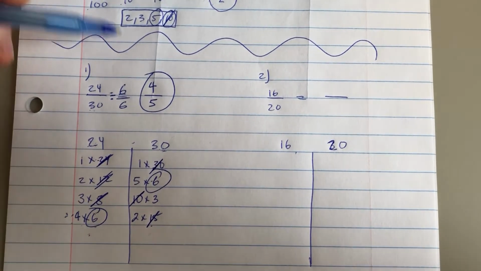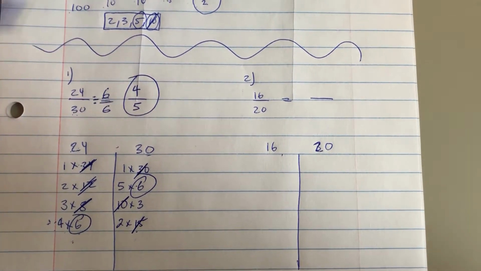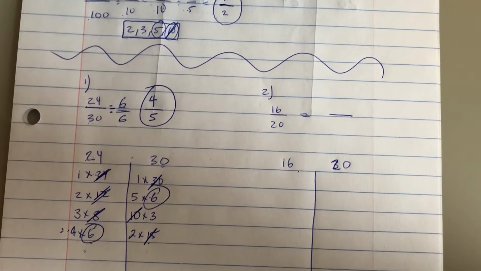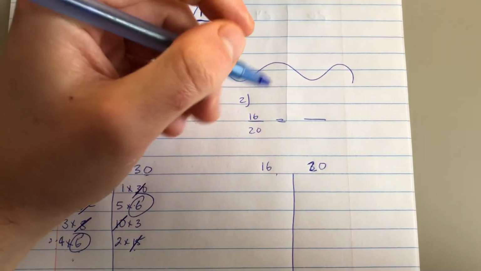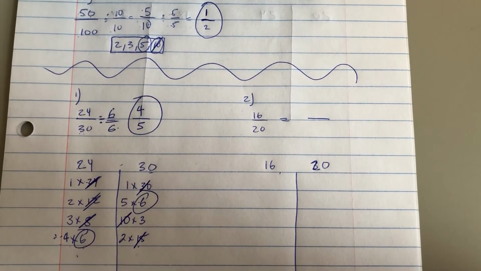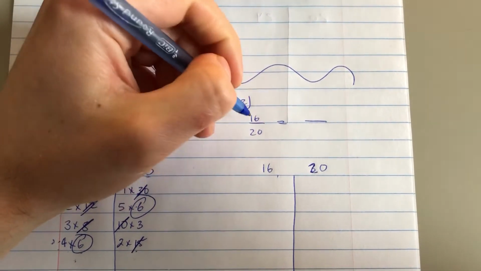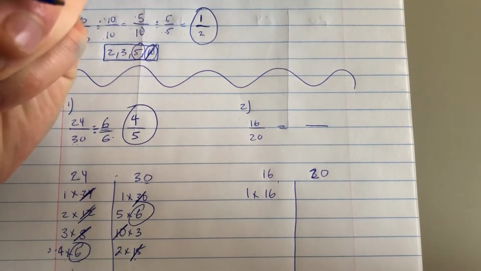Now that I've solved my first example, I'm going to go over number 2, which is 16 20ths. Again, the first thing I do when I'm simplifying a fraction using the greatest common factor is find my factor pairs for both my numerator and my denominator. My numerator is 16. I know that 1 times 16 equals 16.